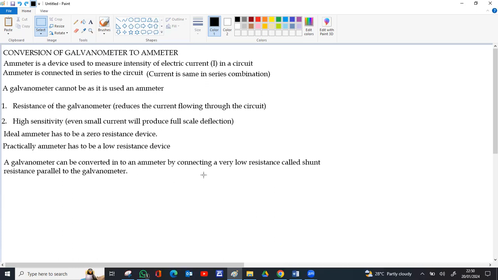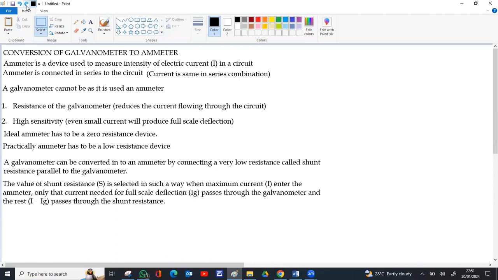Now when you connect a low resistance in parallel, the value of the shunt resistance is selected in such a way that when the maximum current enters the ammeter, only the current needed for full scale deflection flows to the galvanometer, and the remaining current passes to the shunt resistance.